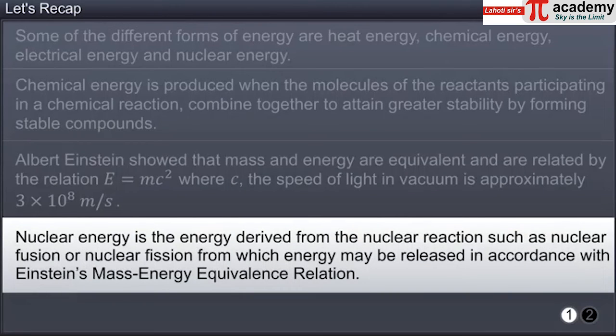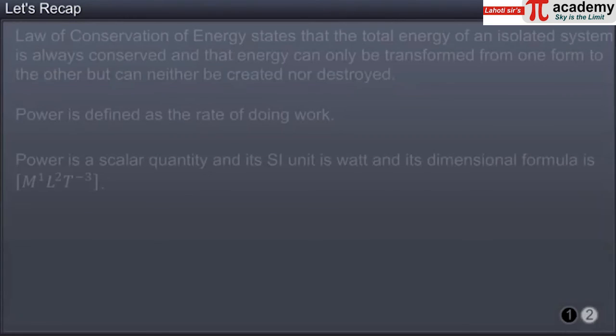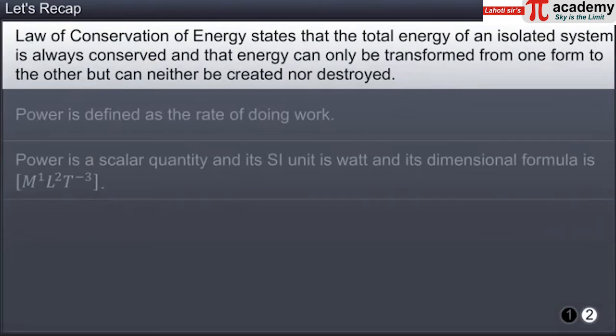Nuclear energy is the energy derived from the nuclear reaction, such as nuclear fusion or nuclear fission, from which energy may be released in accordance with Einstein's mass-energy equivalence relation. Law of conservation of energy states that the total energy of an isolated system is always conserved, and that energy can only be transformed from one form to the other, but can neither be created nor destroyed.